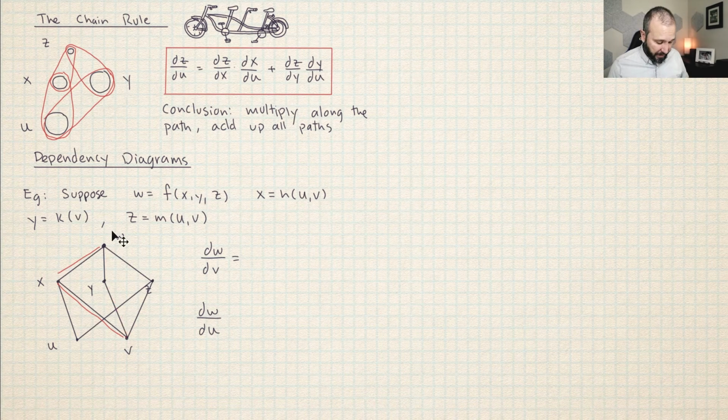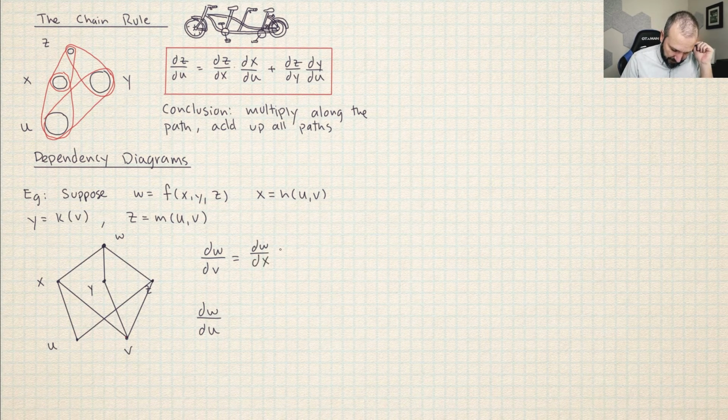So there's three paths, so I'm going to have three things added together. The first path is going to be del w del x times del x del v. So that's this path right here.